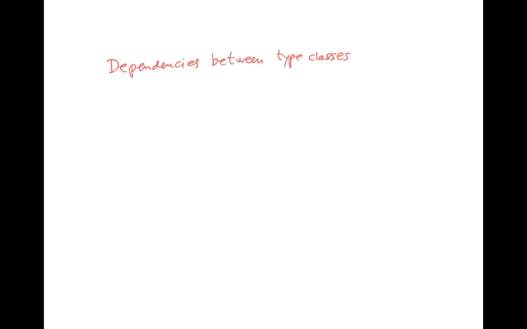Now we can define dependencies between type classes in Haskell.